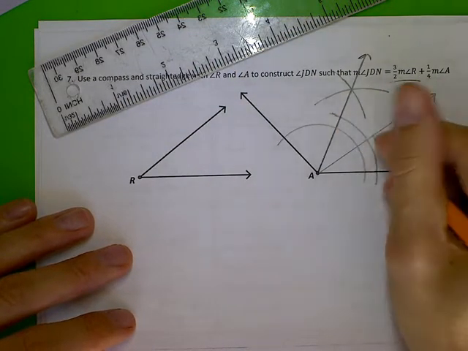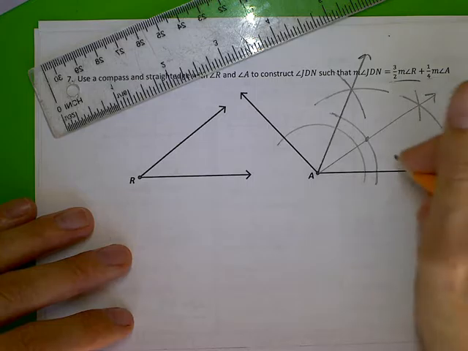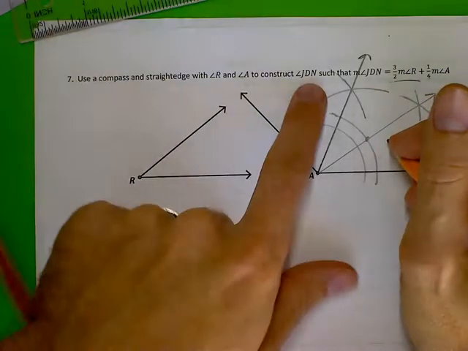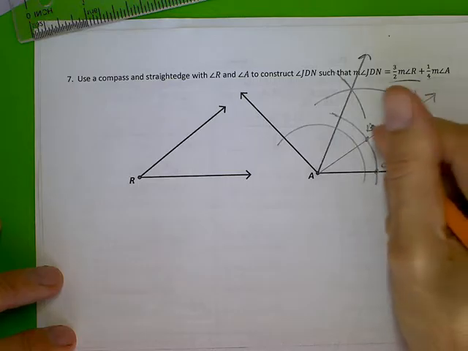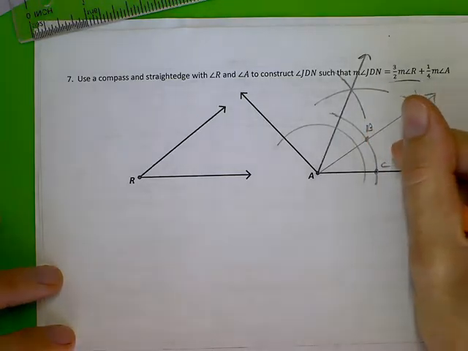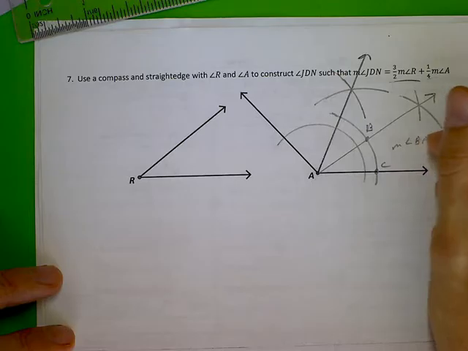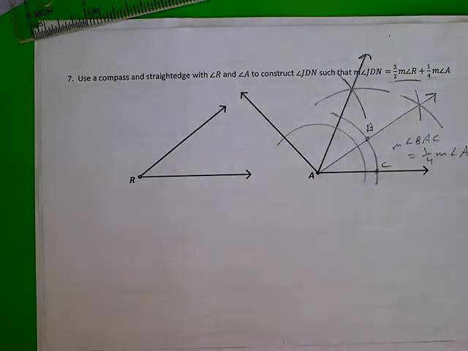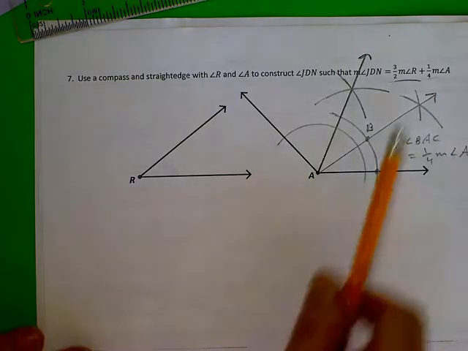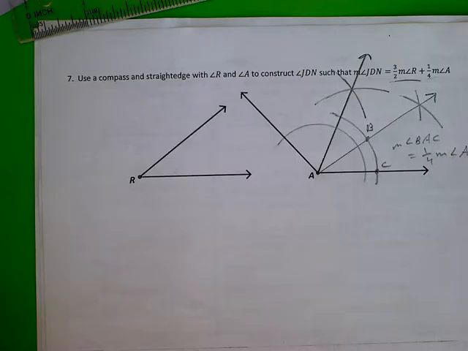So the measure of, let me name this, let's say letters that I'm not going to use elsewhere. What about B and C? Okay. So the measure of angle BAC equals 1/4 of the measure of angle A. It's 1/4 as big. Okay. So there's one angle that I need.